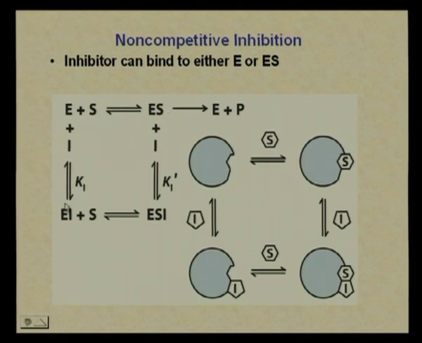So, neither will the EI complex give you the product, neither will the ESI complex give you the product. It is only the ES that is going to give you the product, okay? So, we only have to have this complex that is going to give us the product. This is not going to give the product, this is definitely not going to give the product, okay?